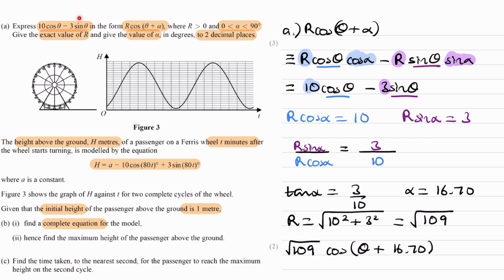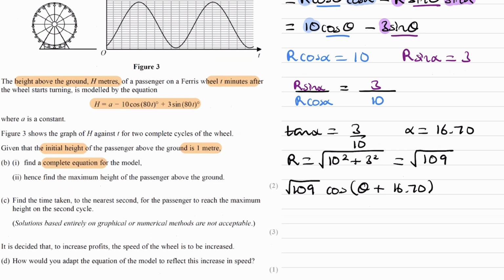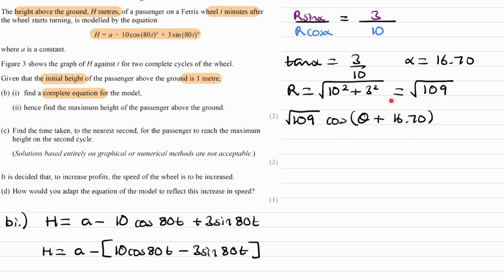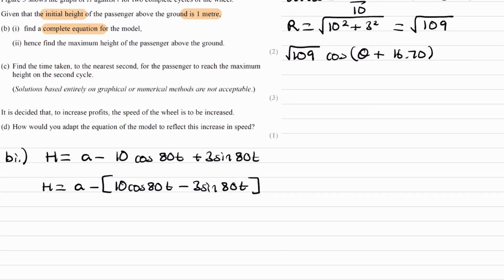The 10 cos theta minus 3 sin theta was expressed as this. So therefore what we have in this set of square brackets can also be expressed in that way, but with the theta being at. So then we can rewrite this as h is equal to a minus root 109 cos(at plus 16.70).